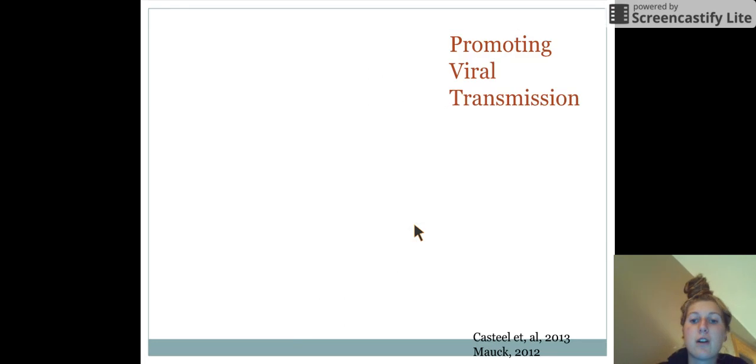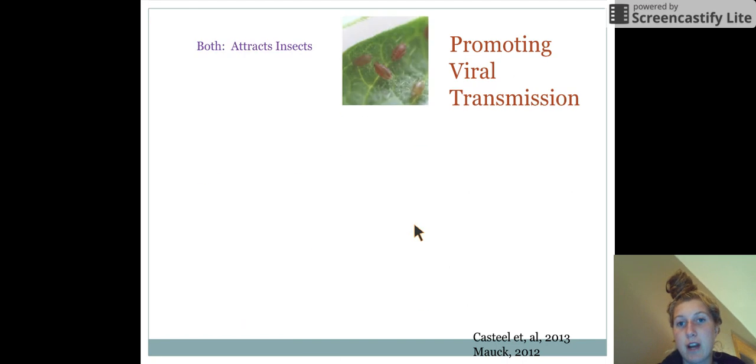Okay, so I'm going to bring us back to these fancy slides that I'm really proud of, but we're going to look at them from a new perspective. Both the circulative and non-circulative viruses attract insects. But there are two pathways, and past science has attributed the circulative viruses to one and the non-circulative to the other, at least in the literature that I've seen.